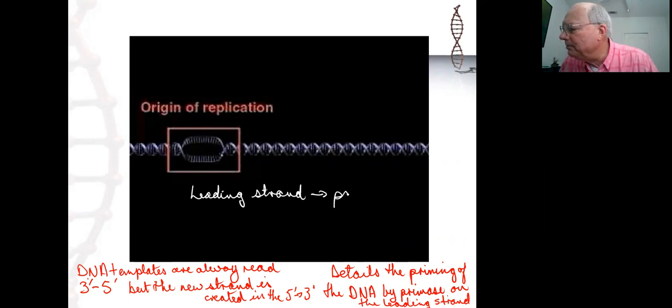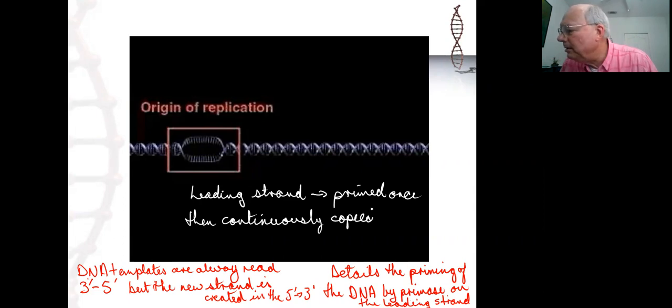Primed once, then continuously replicated, not copied.